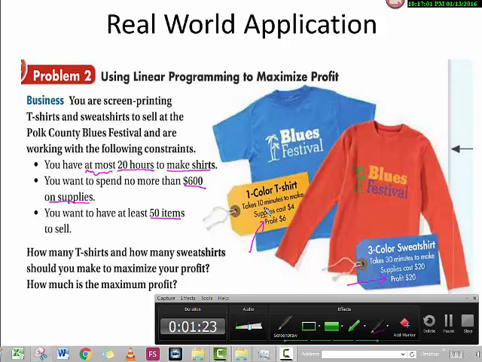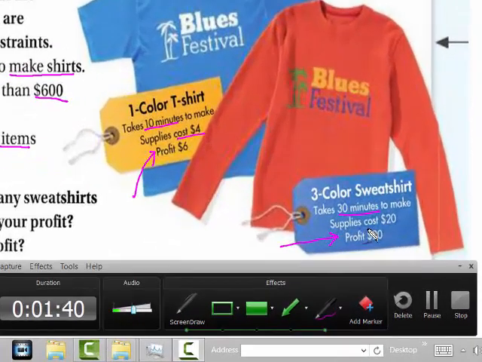You take 10 minutes to make the t-shirt, and it takes longer to make the sweatshirts. And the cost of supplies for this t-shirt is $4, and the cost for this sweatshirt is $20.